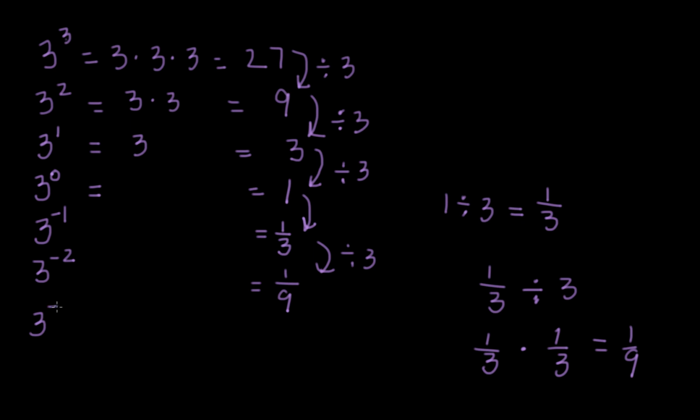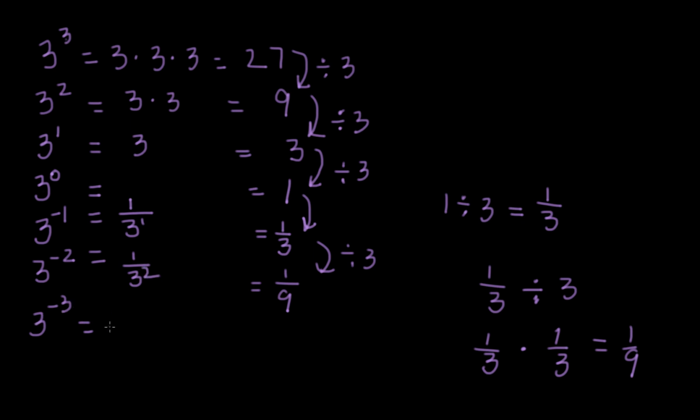3 to the power of negative 3, well, let's look at what is happening here. When we had 3 to the power of negative 1, that was equivalent to 1 over 3 to the power of 1. 3 to the power of negative 2 was equivalent to 1 over 3 squared.